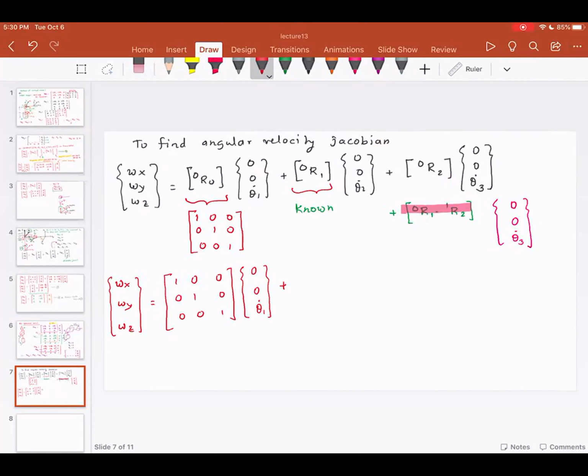We already know the matrix cosine theta 1, 0, sine theta 1, sine theta 1, 0, minus cosine theta 1, 0 1 0, and this will be multiplied with 0 0 theta 2 dot.